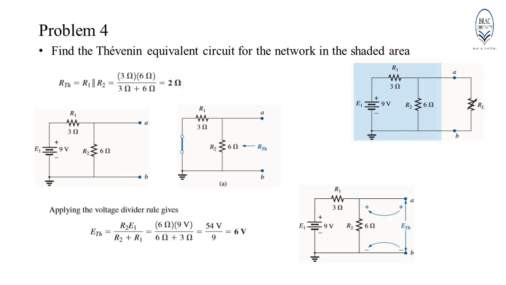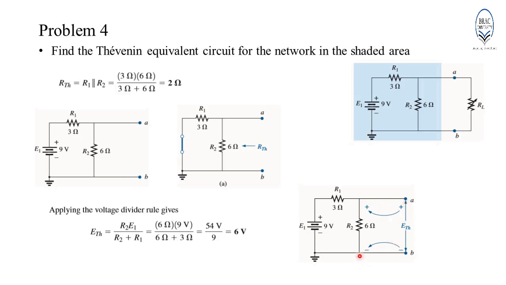The next step is to determine E Thevenin. E Thevenin is basically the open circuit voltage between the marked terminals A and B. If you observe carefully, the voltage at this node and the voltage at this point are the same.